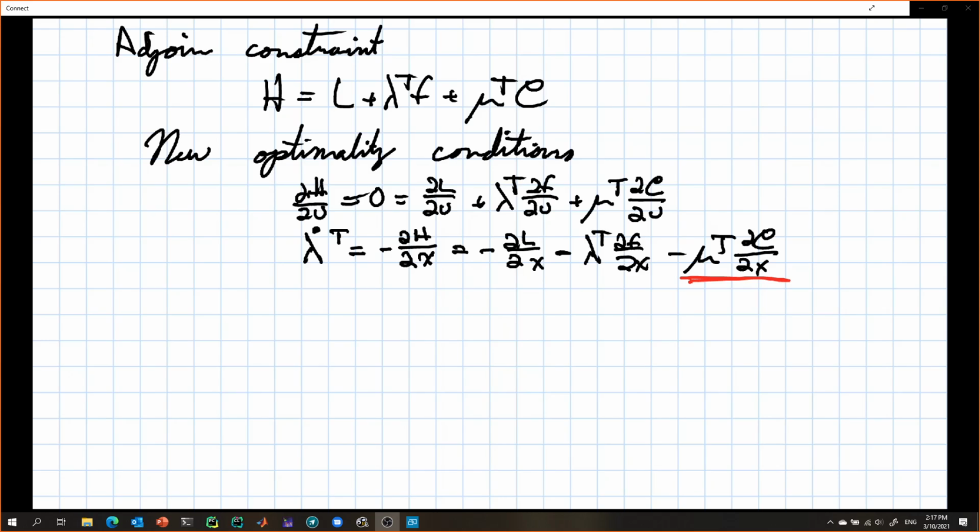Okay, so these are fairly straightforward. Once you adjoin the constraints, it just acts as expected. And it mimics what we did with the boundary conditions last week, in which we just adjoined the boundary conditions to the initial and terminal costs.